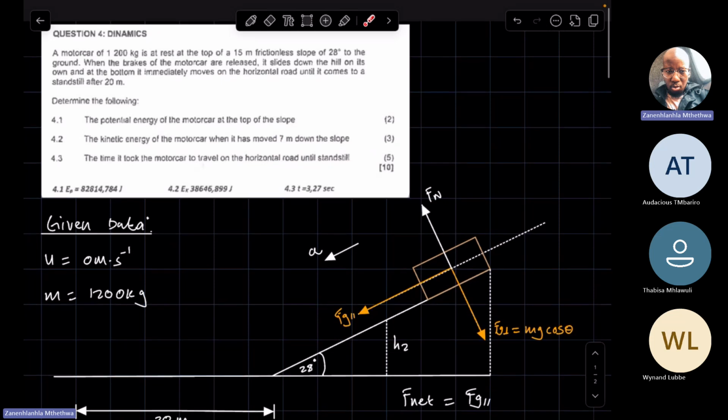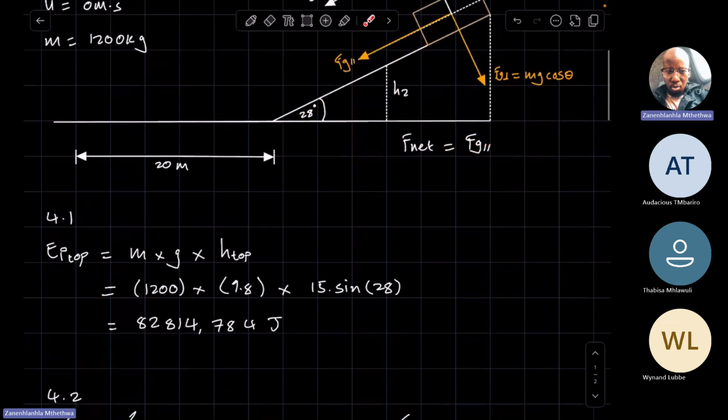Right, that is what they want us to calculate.